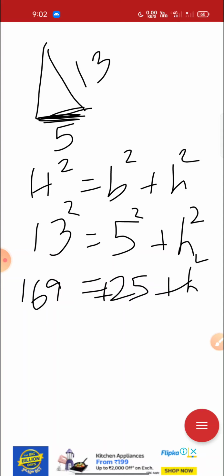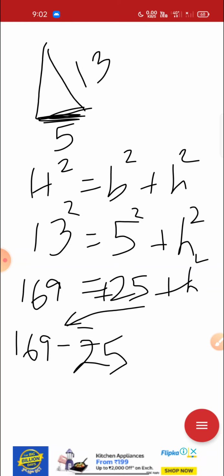So this 25 will have to go to the other side, and this will stay as it is, 169 minus 25. Why did it change to minus? Because here it was plus. So when it goes to the other side of equal, it becomes minus.